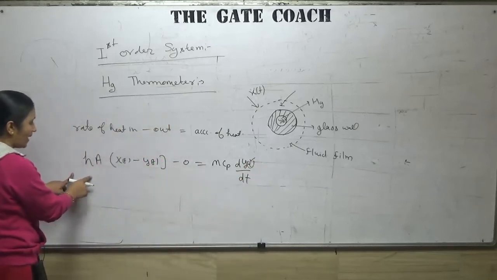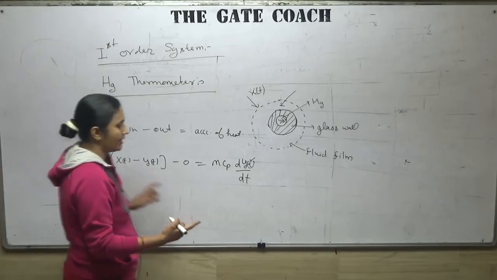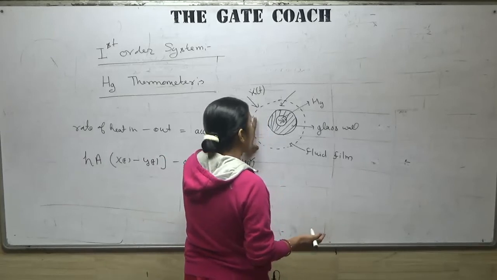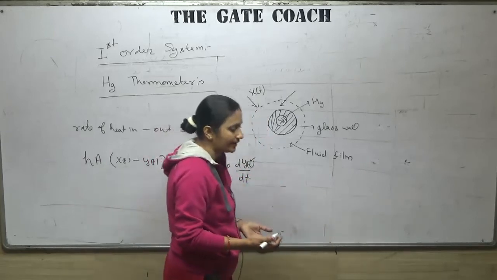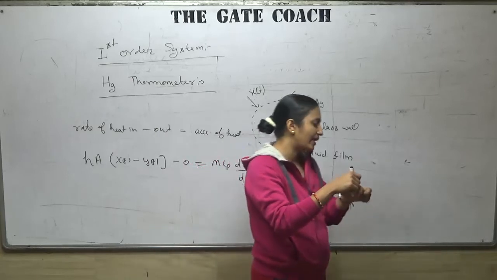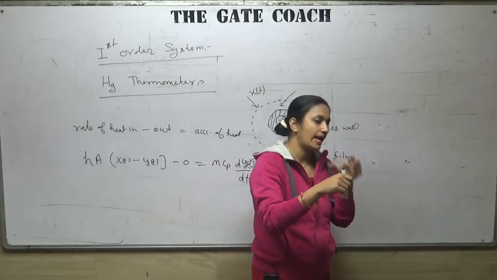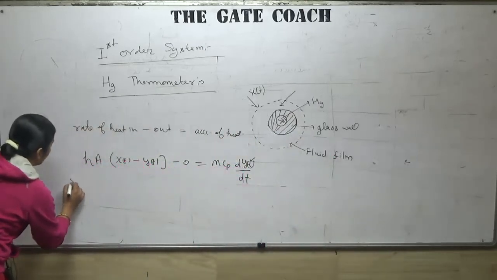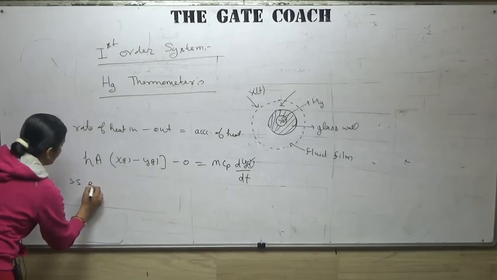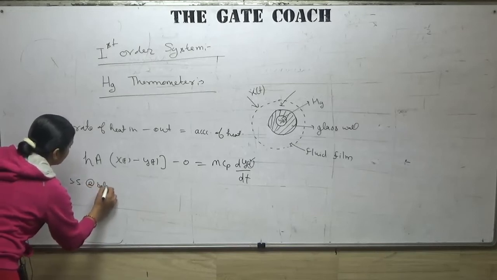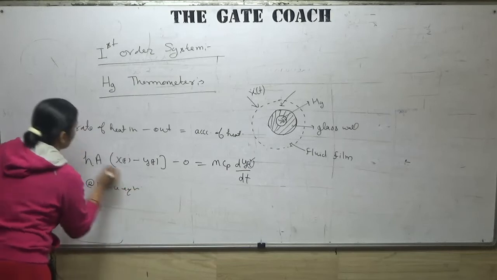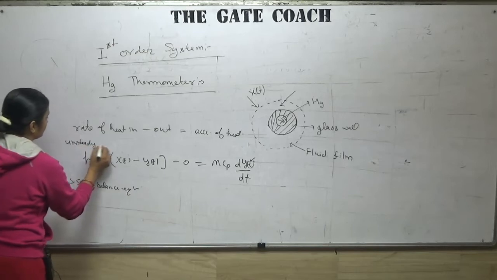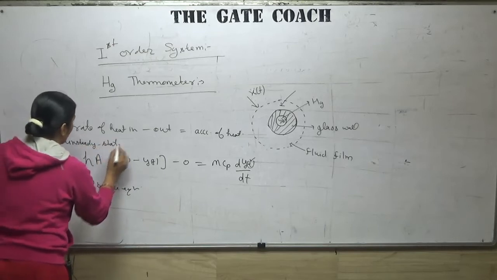Similarly, write this equation at steady state condition, when the thermometer, after a certain time, attains the environment temperature and remains constant at that value. This one is the unsteady state equation.